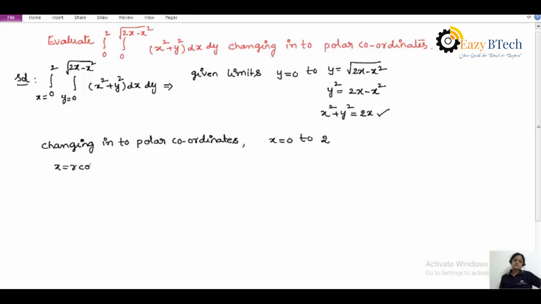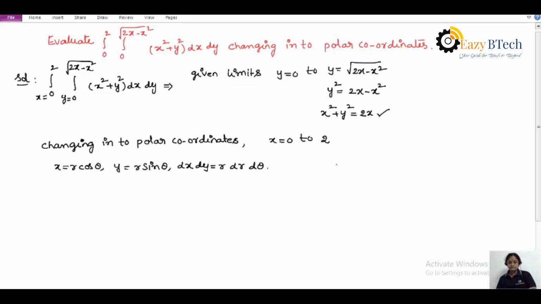They are x is equal to r cos theta, y is equal to r sin theta, and dx dy is equal to r dr d theta. Okay students, so now by using these three substitutions you can change the given Cartesian form question into polar form. Then if you are changing into polar form, we need r and theta limits here.